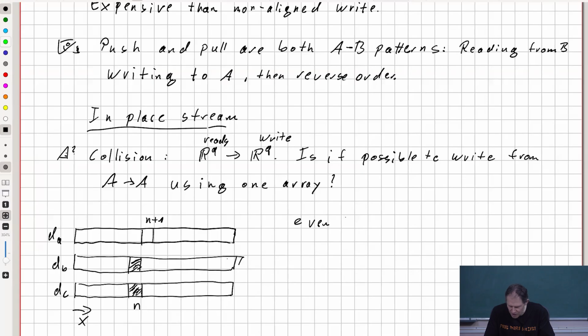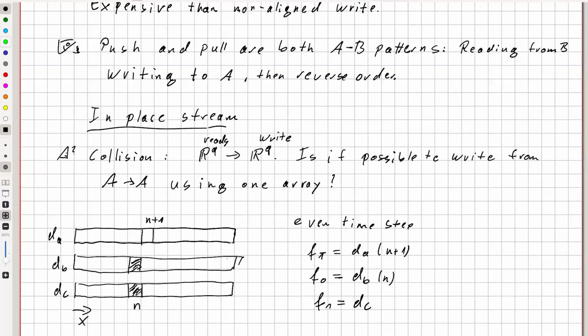Now we distinguish between even time steps. So in an even time step, we read the F minus 1 population from dA at N plus 1. We read the F0 population from dB at the position N, and the F1 we read from dC at the position N. Then we do the collision and do the write.